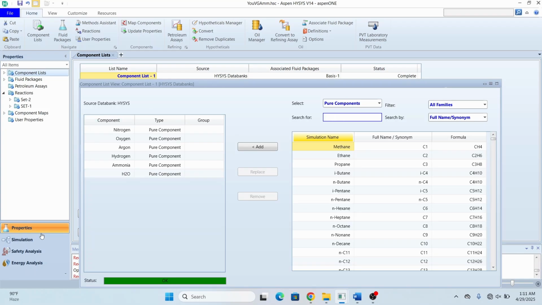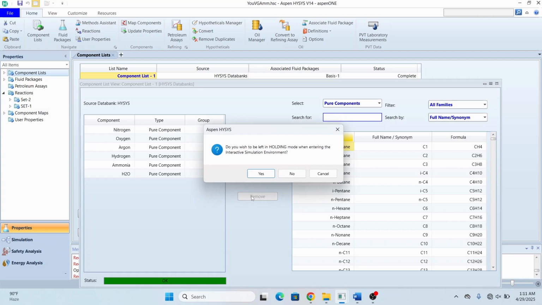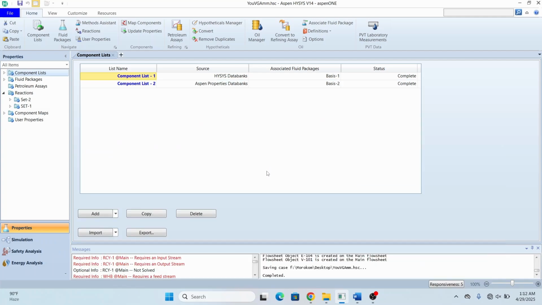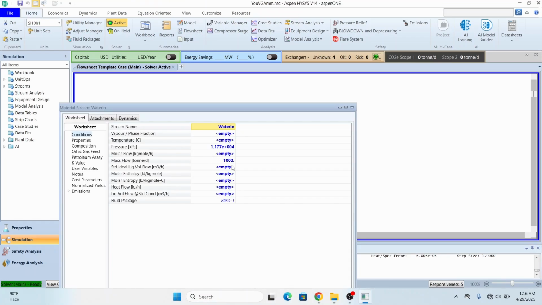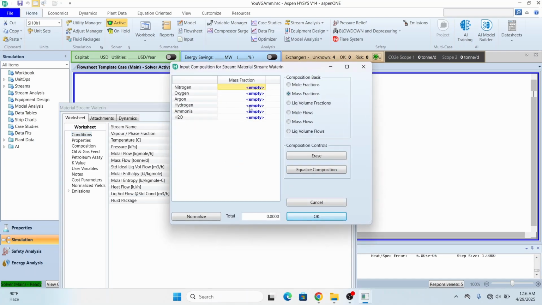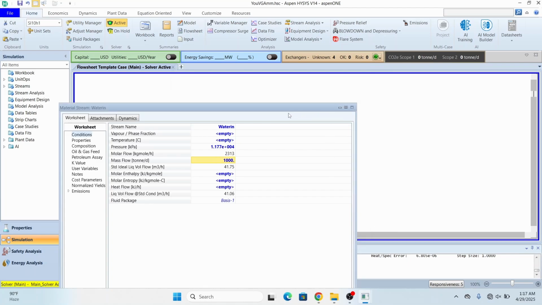So that's good. Again, I will go to my simulation and press this. Now you can see that we have returned back to our simulation environment, and I will double click on this water stream and select water as one. I will press OK, and temperature I'm not going to specify because we are not using an economizer till now.